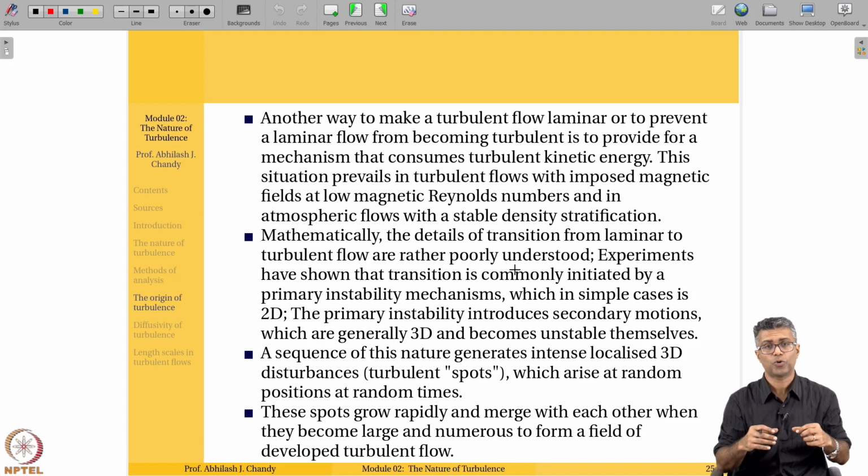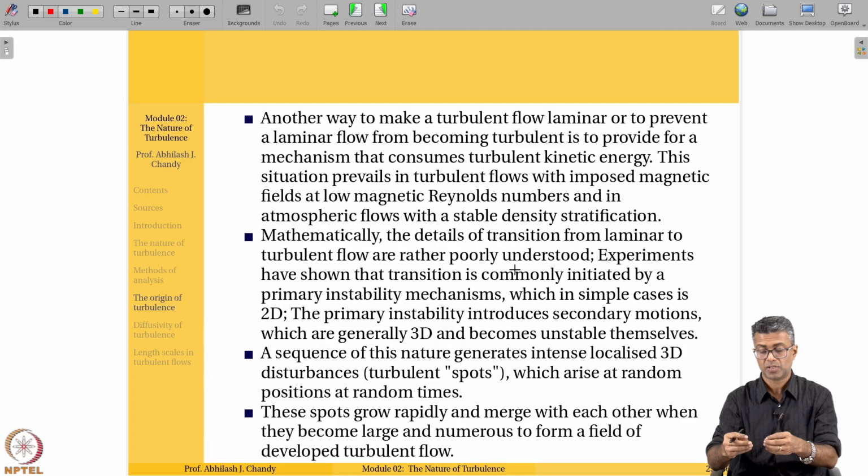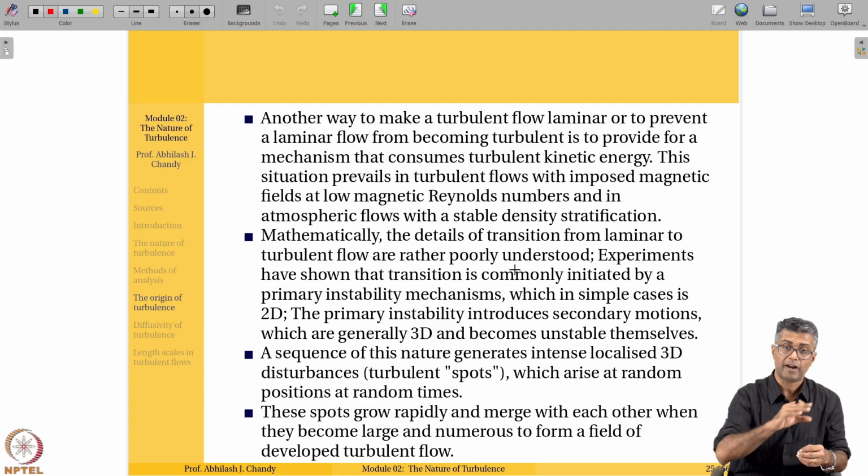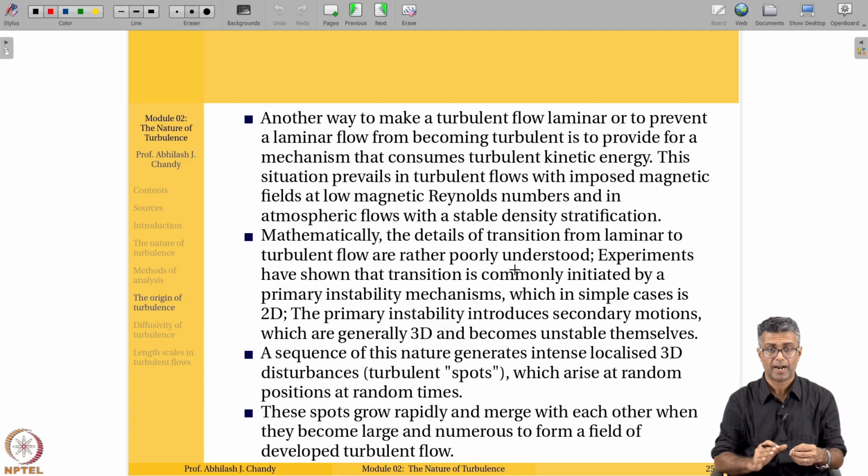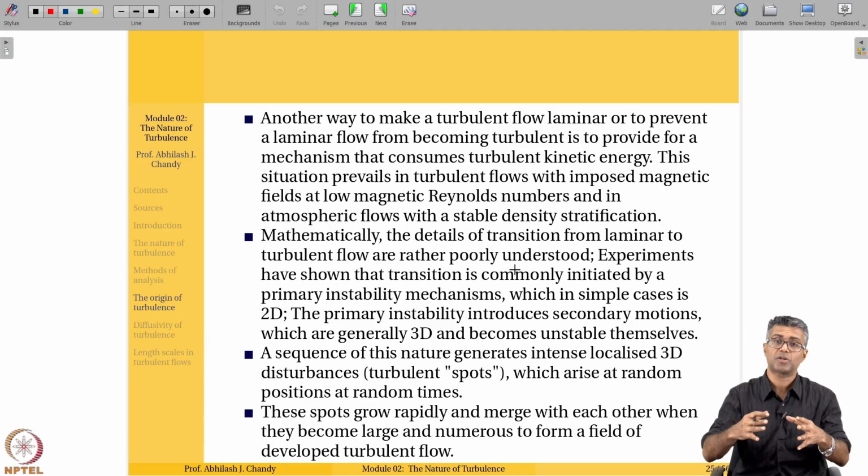In free shear flows, the instability mechanism is inviscid by nature. These eventually merge with other disturbances, other instabilities. They occur at random spaces at random times. They merge with other spots, other instabilities, become larger and propagate further. And eventually they develop into a turbulent flow. So that is how turbulent flow originates.